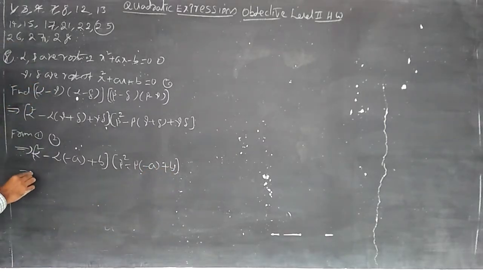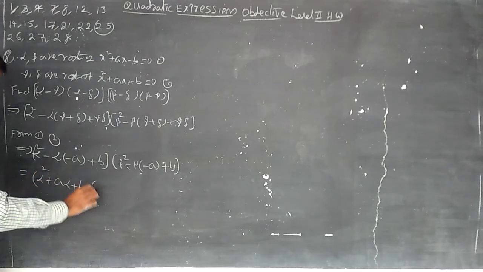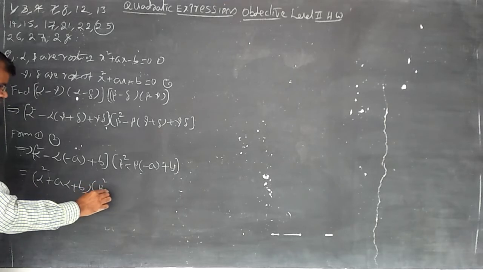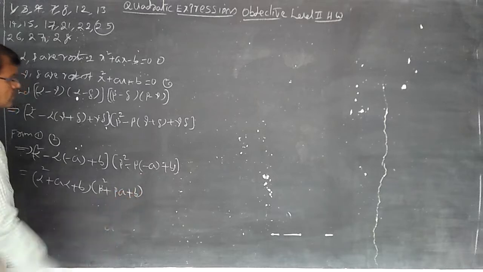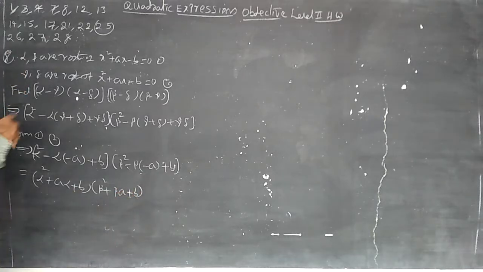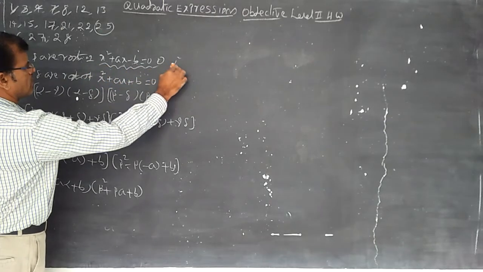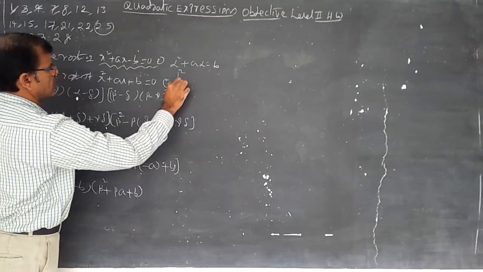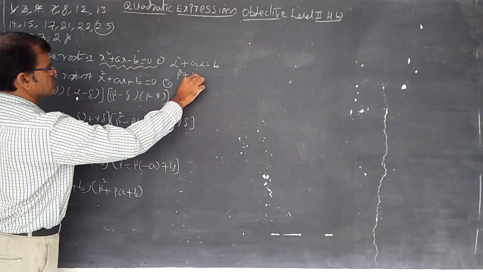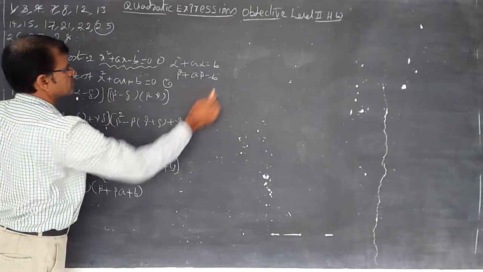That is equal to alpha square plus a alpha plus b into beta square plus a beta plus b. Since alpha, beta are roots of this equation, alpha square plus a alpha is equal to b and beta square plus a beta is also b.